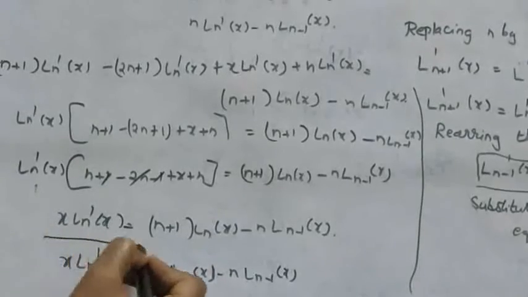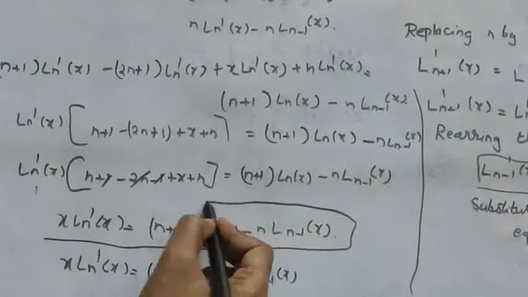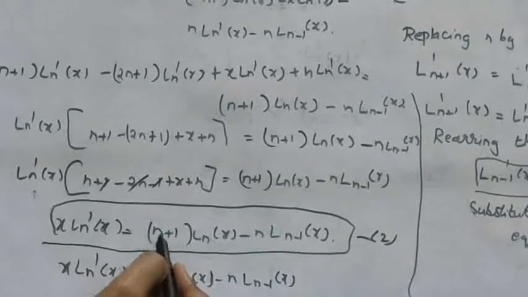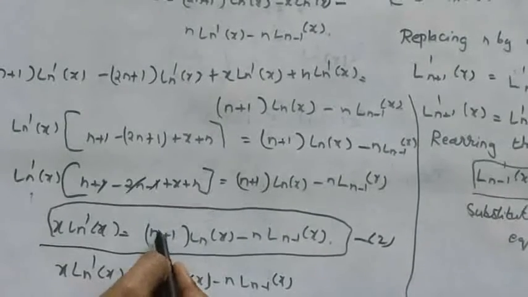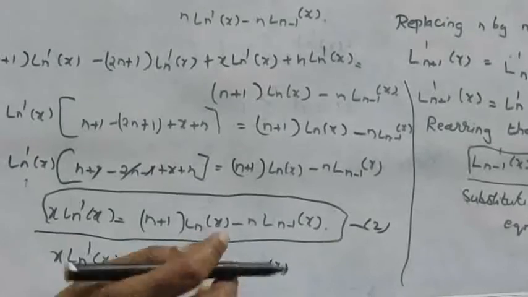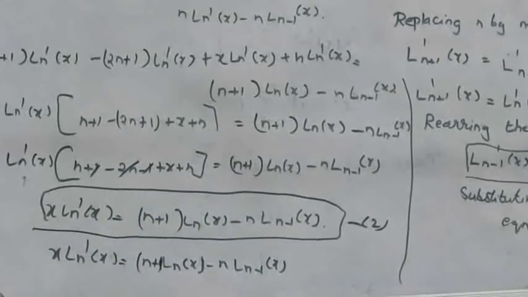So this is the required relation 2. Okay, in the statement I have said that it is n. Okay, it's not n, it is n plus 1 into ln of x. So this is Lagrange's recurrence relation 2.